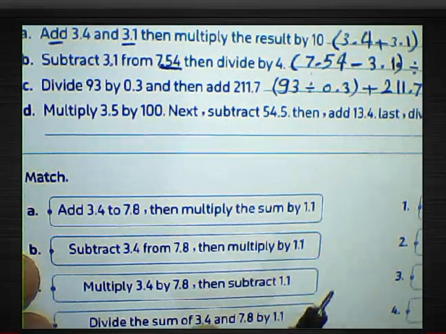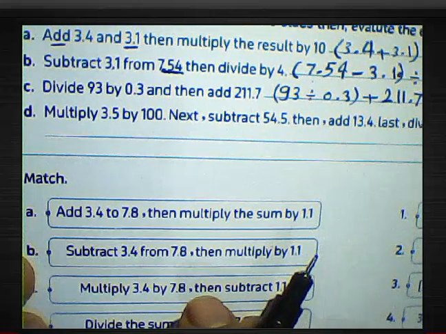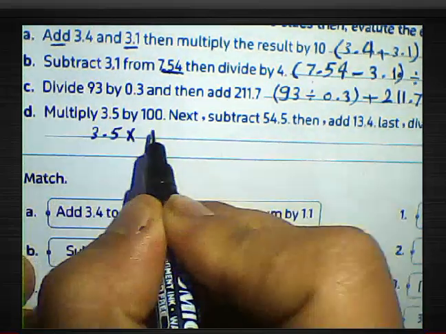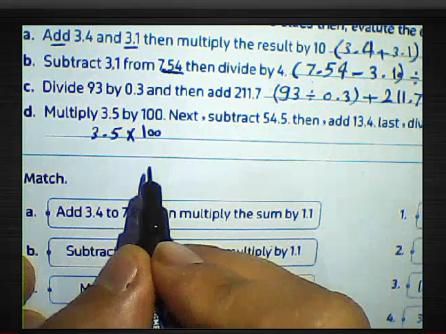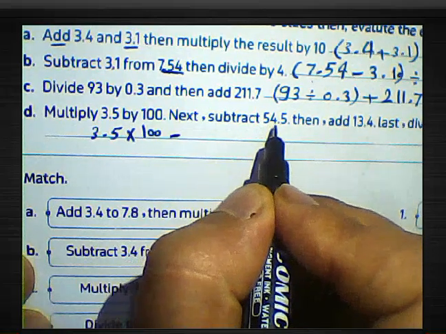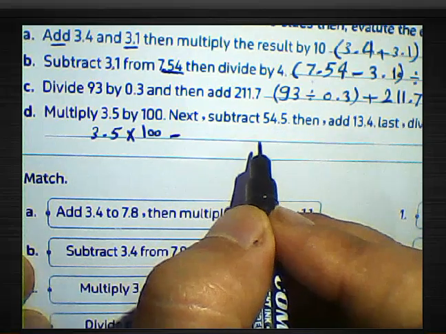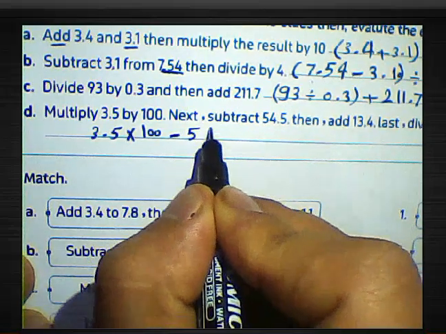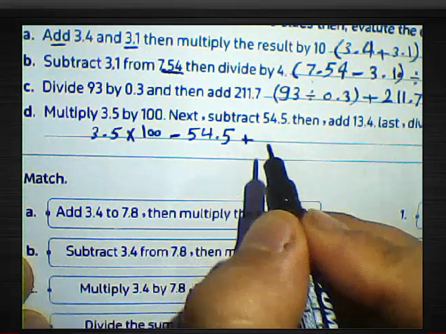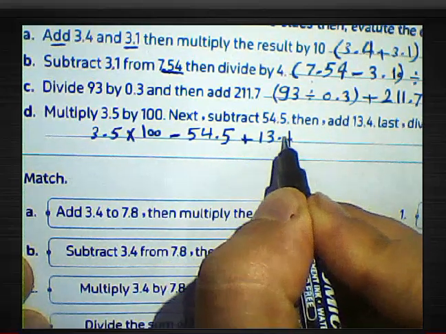Pay attention to this example. First, multiply 3.5 by 100. Subtract 54.5. Then add 13.4.